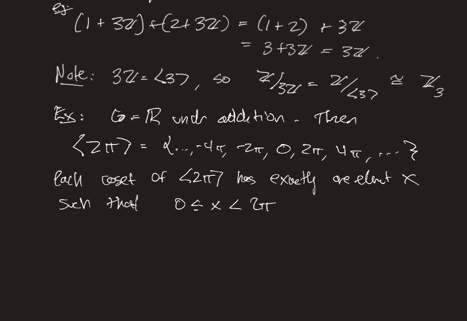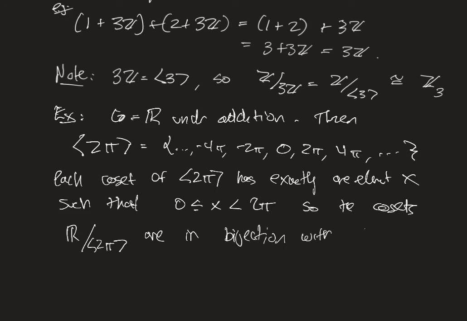So the cosets R mod <2 pi> are in bijection with the interval 0 to 2 pi.